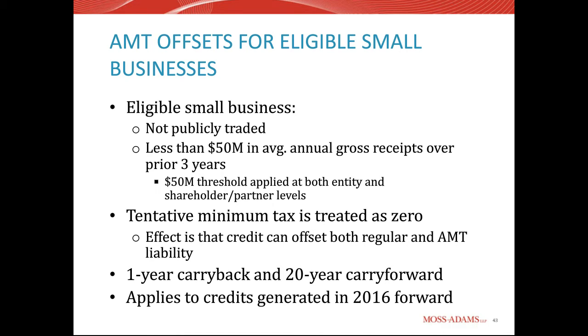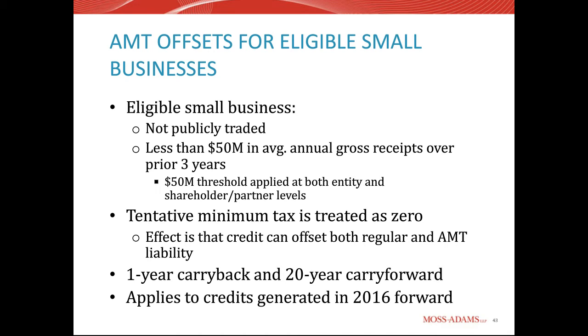So for companies or shareholders of companies that are paying alternative minimum tax and fall into the qualifications, this can be a huge benefit. Something similar was enacted in 2010, but it was a 1-year reprieve from paying alternative minimum tax. This starts in 2016 and will continue in future years.